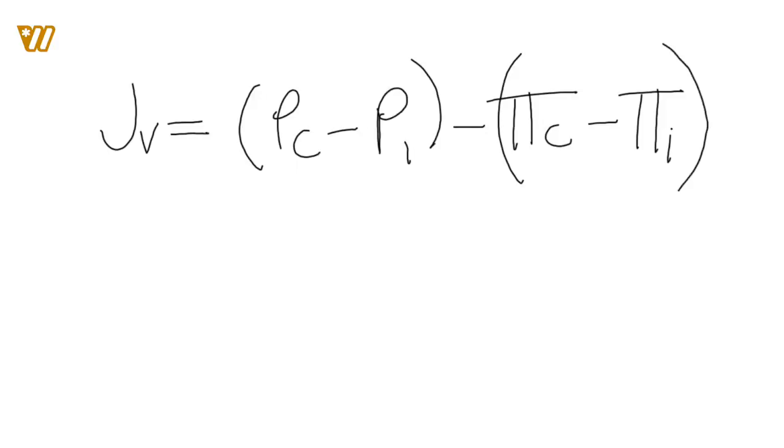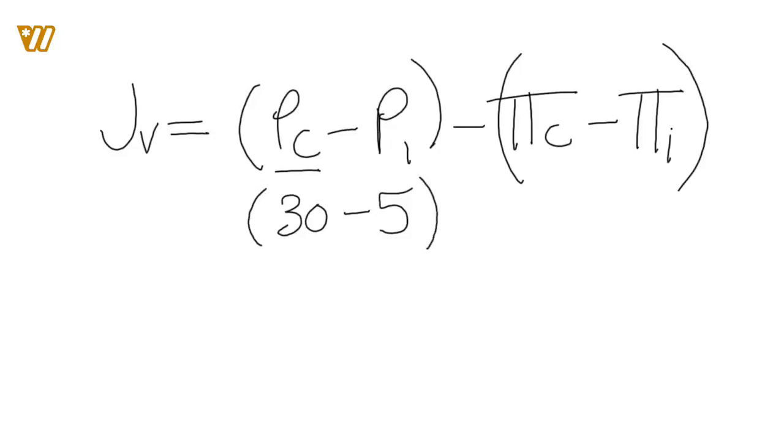But let's take a look at this. So let's solve a problem. Let's say that PC, or capillary hydrostatic pressure, is 30. Now, let's say that interstitial hydrostatic pressure, which is PI, is 5, all right? So put that in parentheses, that's going to equal 25.